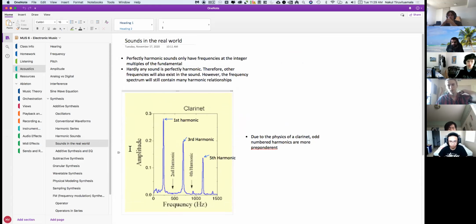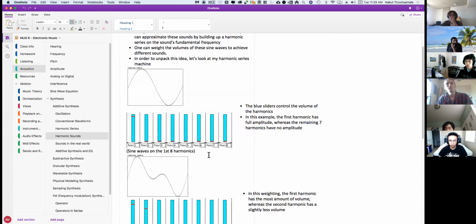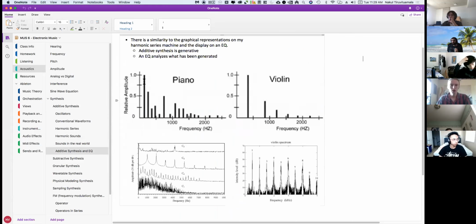So what's amazing is that every sound can be approximately represented by using the harmonic series in some way. For instance, if you want to create a piano sound, you could utilize these particular shapes.